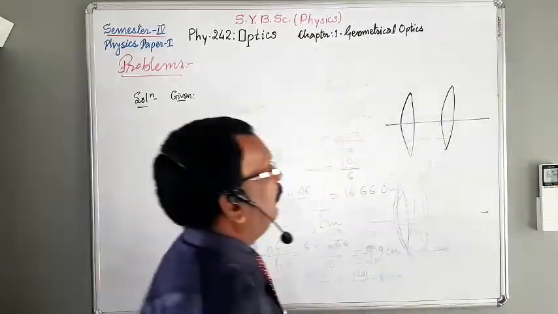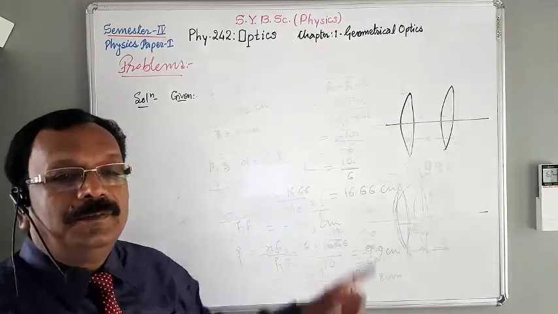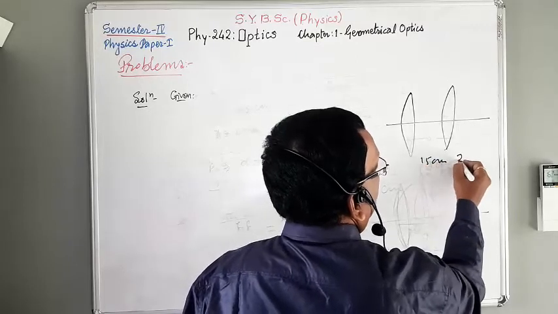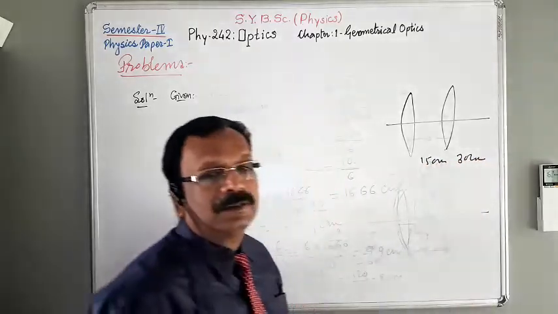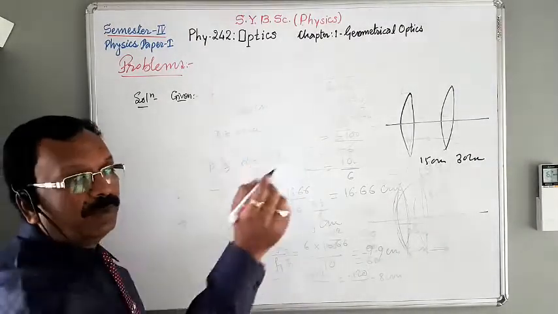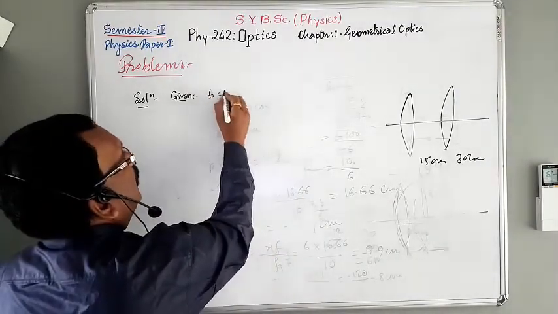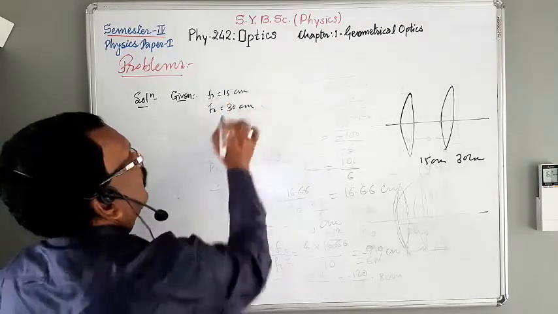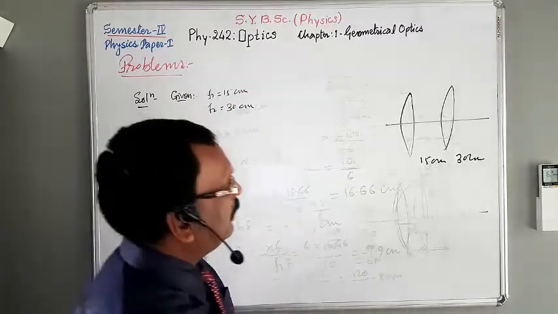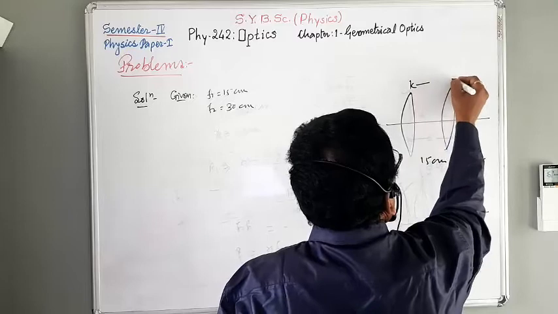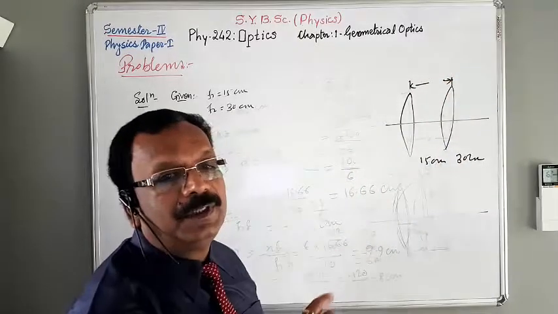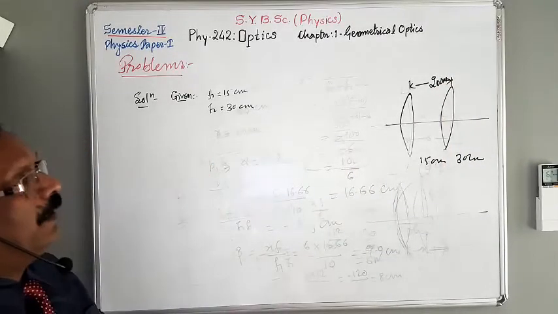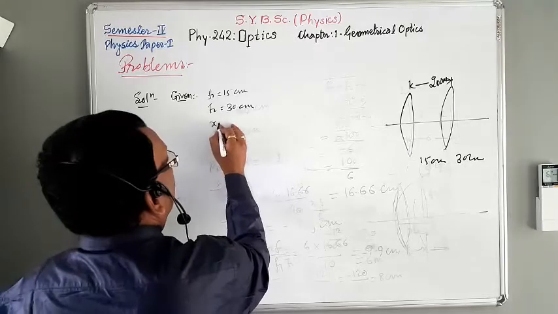Both are placed coaxially. The focal length of the first convex lens is 15 centimeters and the second one is 30 centimeters. So f1 is equal to 15 and f2 is equal to 30 centimeters. And the distance of separation between them is simply 20 centimeters. They are plus 20 centimeters apart from each other. So x is equal to 20.